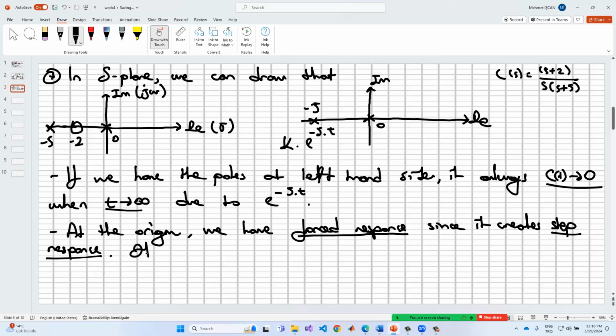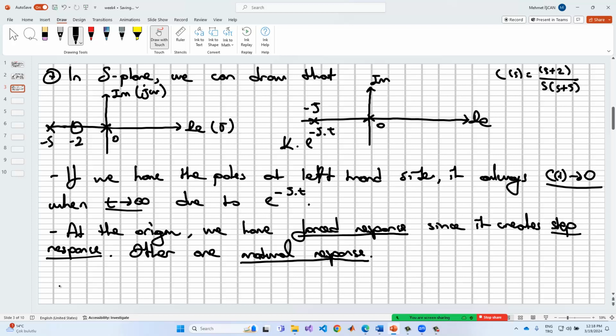And so if we don't have any pole, or if we have a pole outside of the origin or the 0, this creates the natural response, okay? In the S-plane we can define these two responses based on this information, okay?